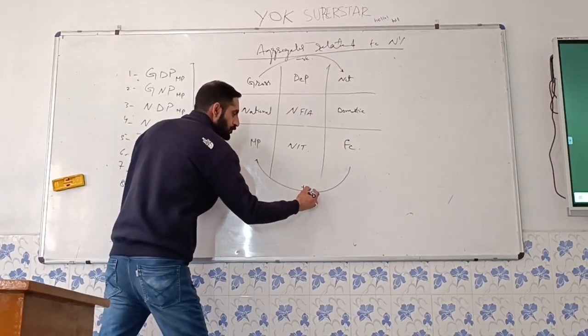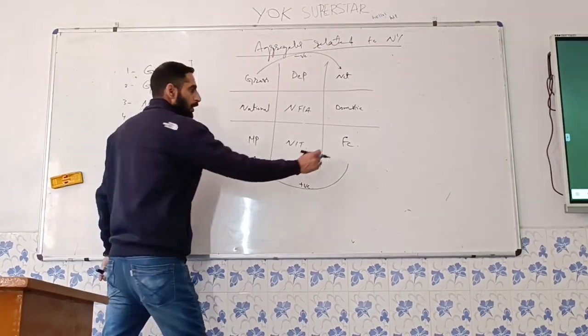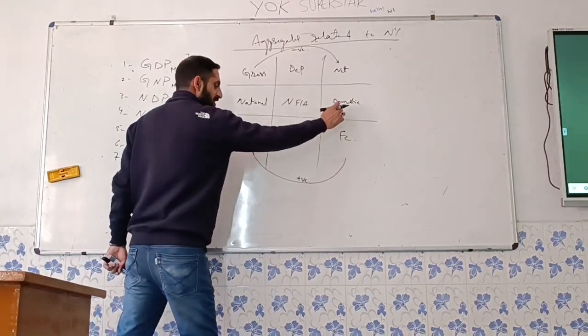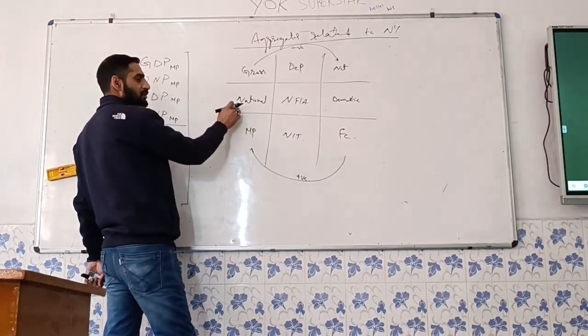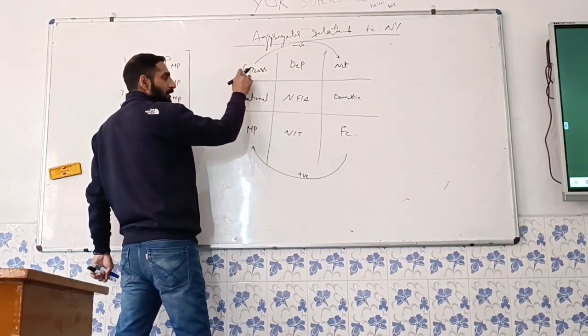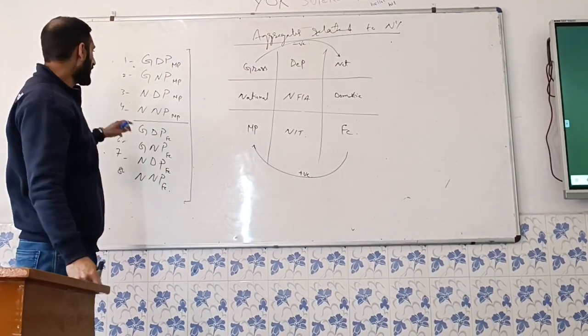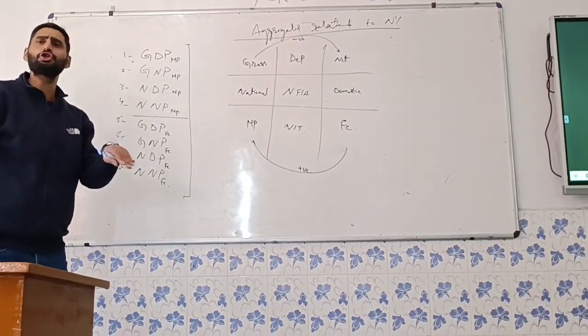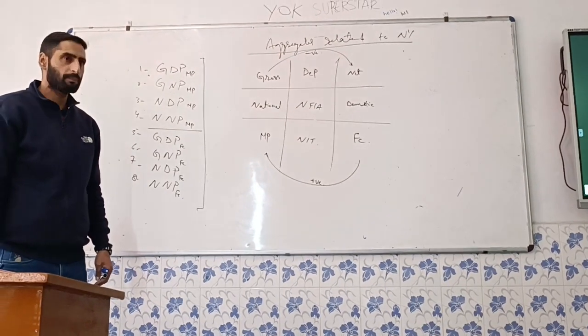That is a positive sign here. So factor cost plus NIT is market price, domestic plus NFIA is national, net plus depreciation is gross. So by virtue of the small flowchart, we can reach any aggregate we talked about.